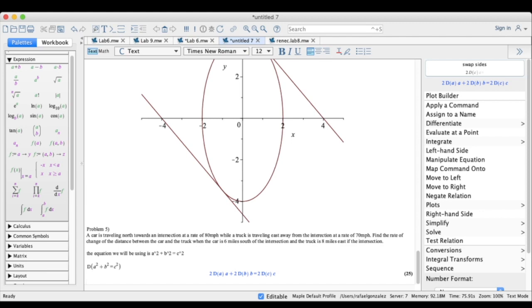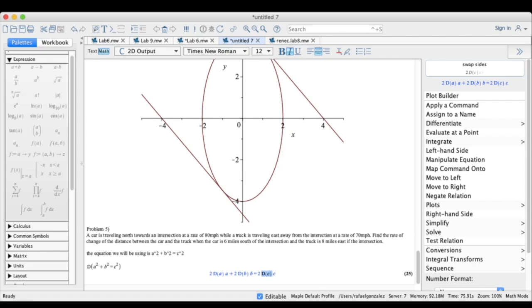Now here the dA is going to correspond to our dA dt, dB is going to be our dB dt, and this is going to be our dC dt, meaning our rates. So we are trying to find the rate of change of the distance between the car and the truck when the car is 6 miles south and the other one is 8 miles east.